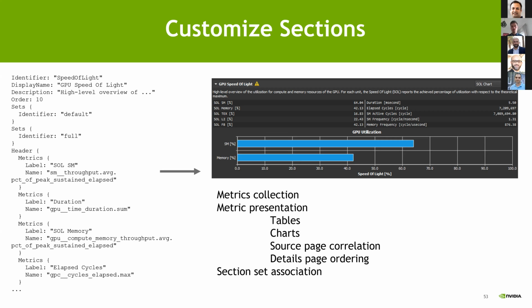If you have a specific need, like you always need these 10 metrics and you want them in a specific chart in the UI, you can just write a little section file, add this to your tool, and then collect this specific section file instead of having to type the individual metrics every time.